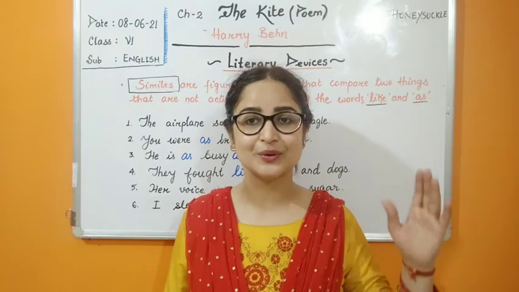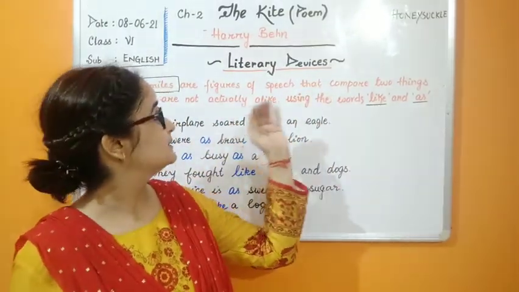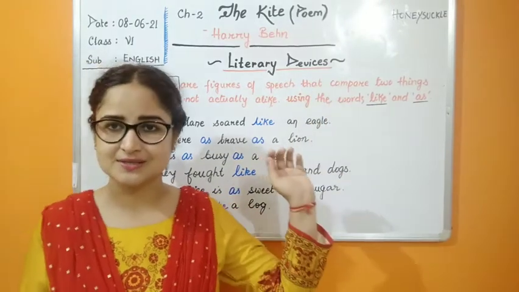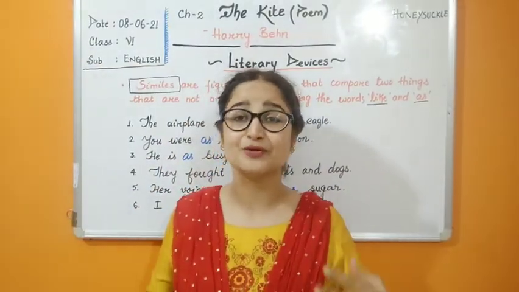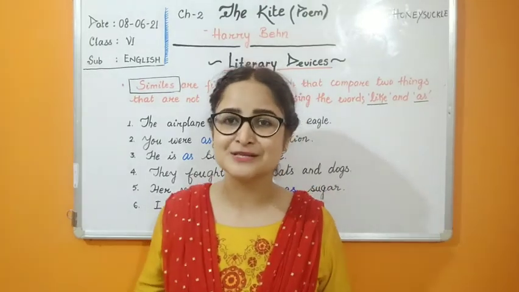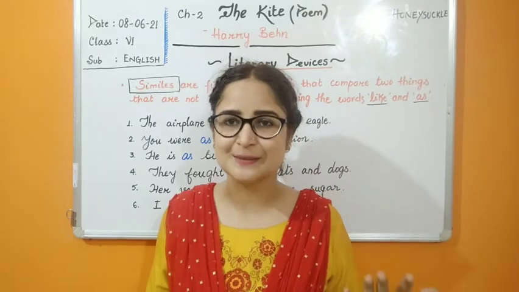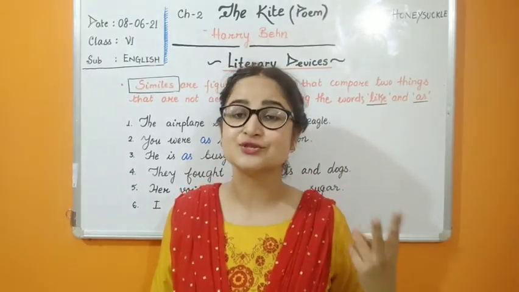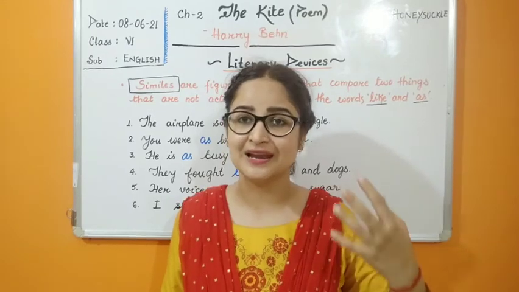So here also we can find that it's a figure of speech that compares two things. There has to be a comparison between two things, right? If your mom compares you with your brother, then it's not a simile, because there have to be two different things, two things that are not actually alike.